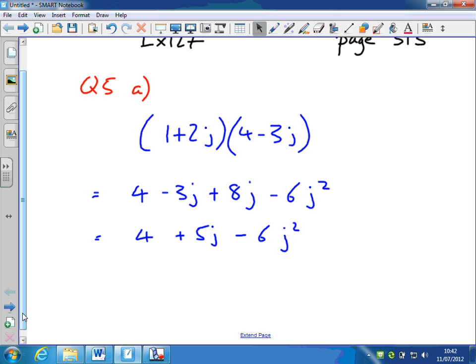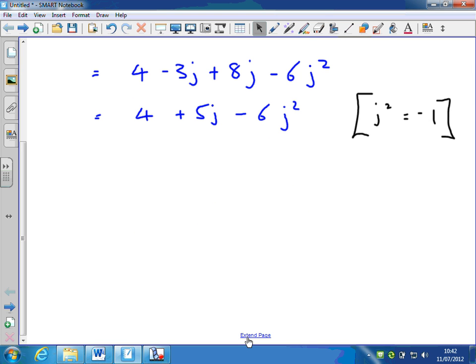But remember that j squared equals minus 1. So effectively that just changes the sign of the minus 6 to make it plus 6, and it becomes a real number, which means I can now add together the 6 and the 4 to get 10 plus 5j, which will be my final solution.